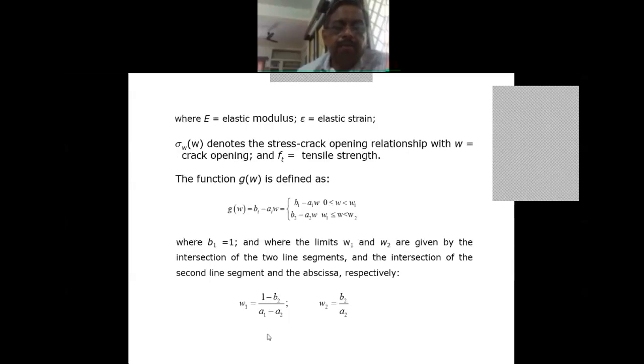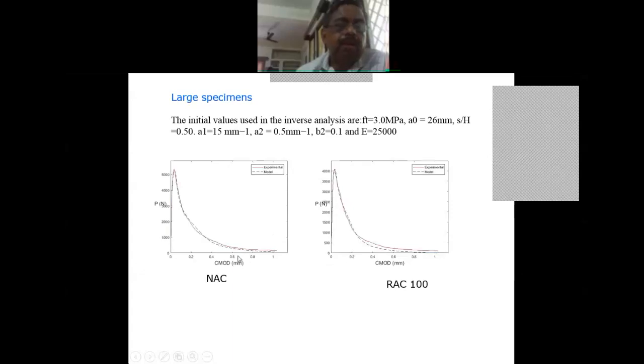Based on these values A1, A2 and B2, we try to fit whatever load deformation plot we have got experimentally. Initially we assume these parameters A1, A2 and B2 and then try to optimize, and we try to get the model plot the same as this.